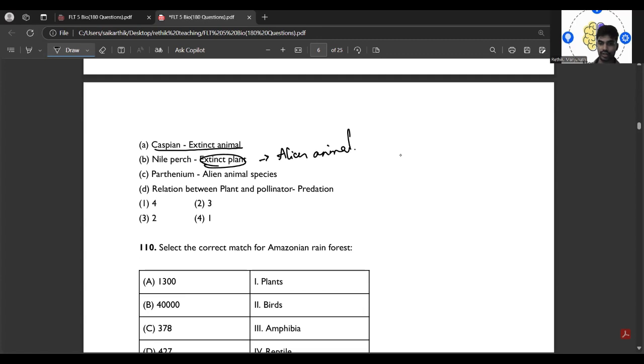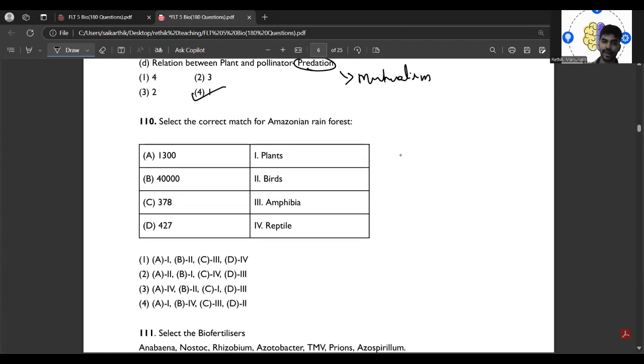What do you say? This is alien, not animal species. Rather, they are invasive plants. And the relationship between plants and pollination is not predators. It is actually mutualism. Correct. So only one is correct.